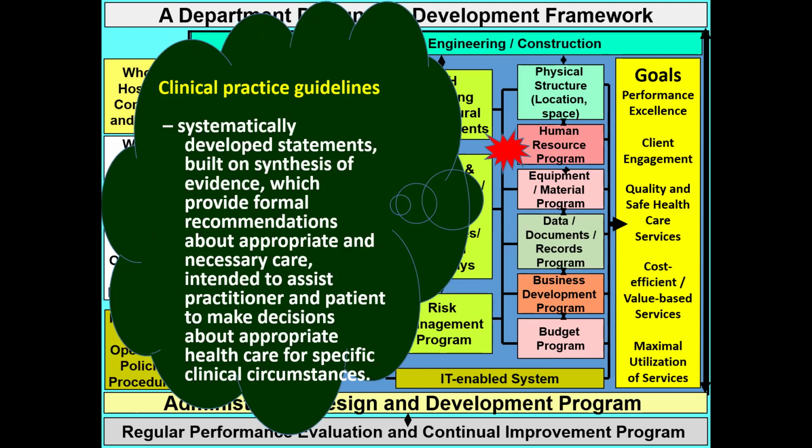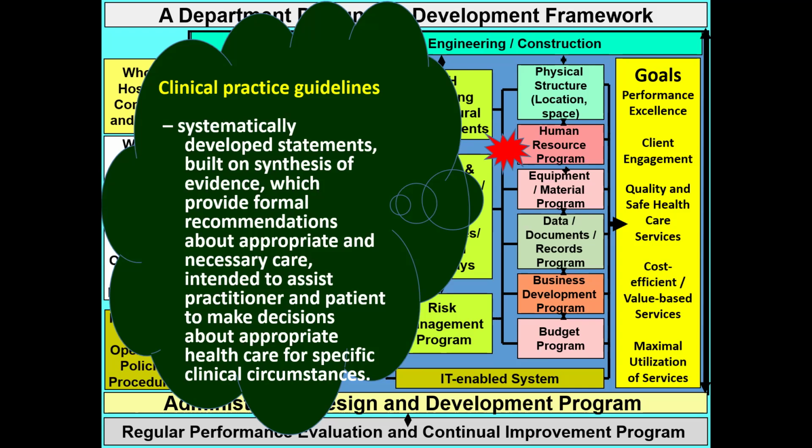Just a definition on the clinical practice guidelines. Clinical practice guidelines and clinical pathways are akin to policies and procedures, but they focus on patient management. This is the usual concept here.